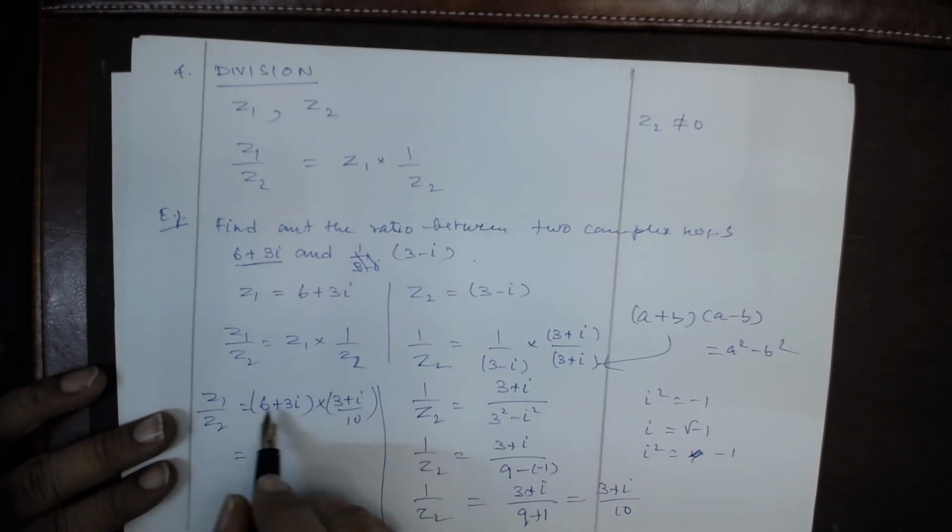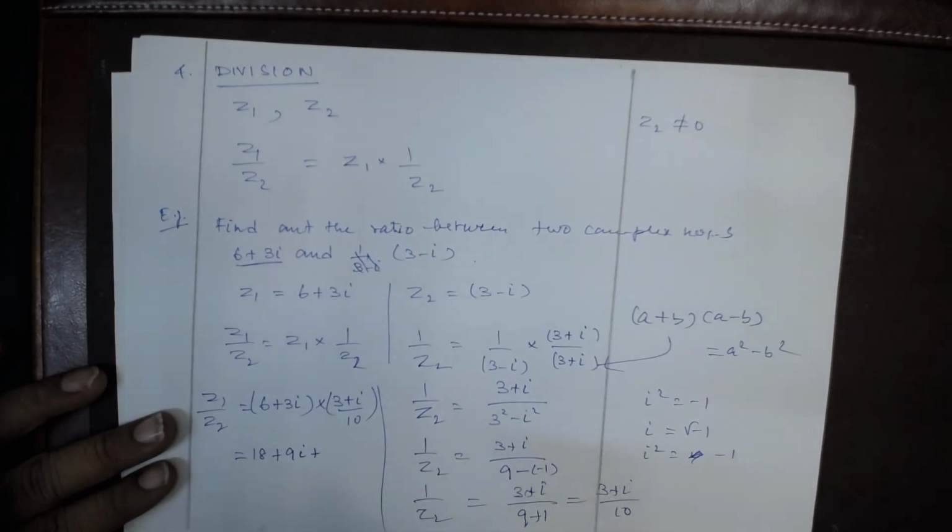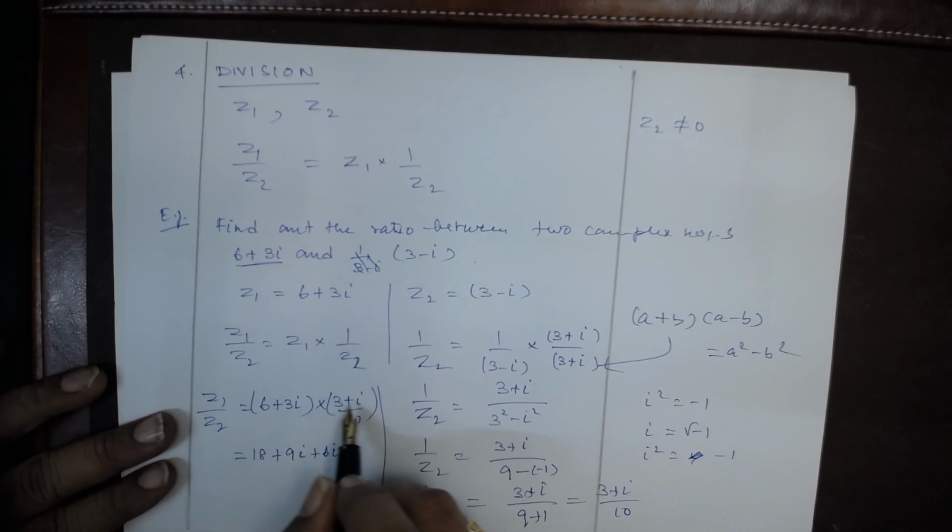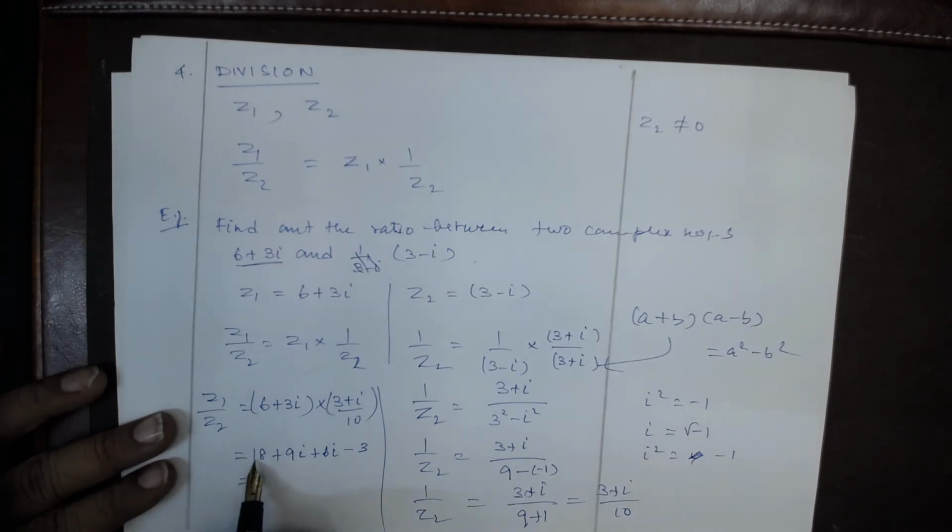So 3 into 6, how much? 18, plus 3 into 3i, 9i, plus i into 6, 6i, and then 3i into i is 3i squared, which is minus 3. Do you understand? So 18 minus 3, whole divided by 10.